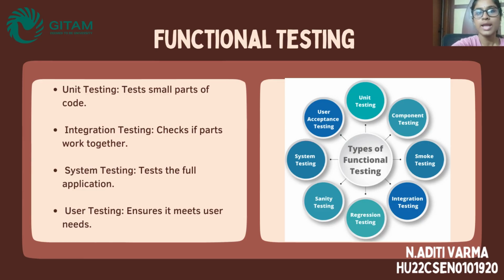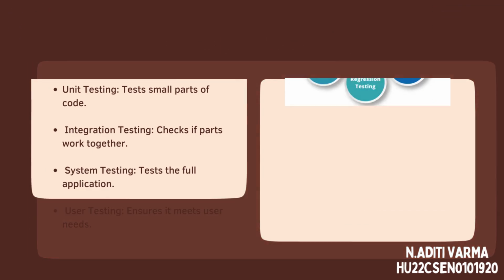And user acceptance testing ensures real users approve the system. A real world example: before launching the UPI payment system in India, developers performed rigorous testing to ensure transactions processed within seconds, validate that money was debited and credited correctly, and ensure no security vulnerabilities that could enable fraud.